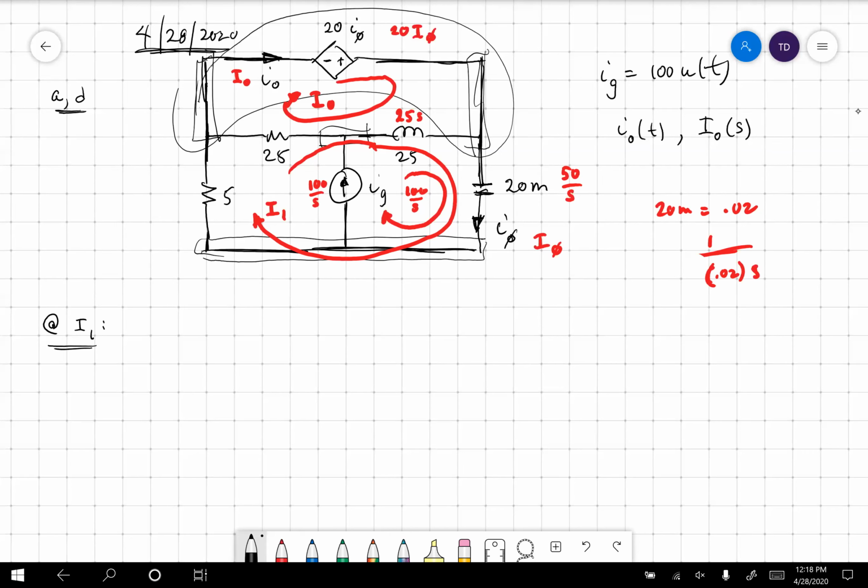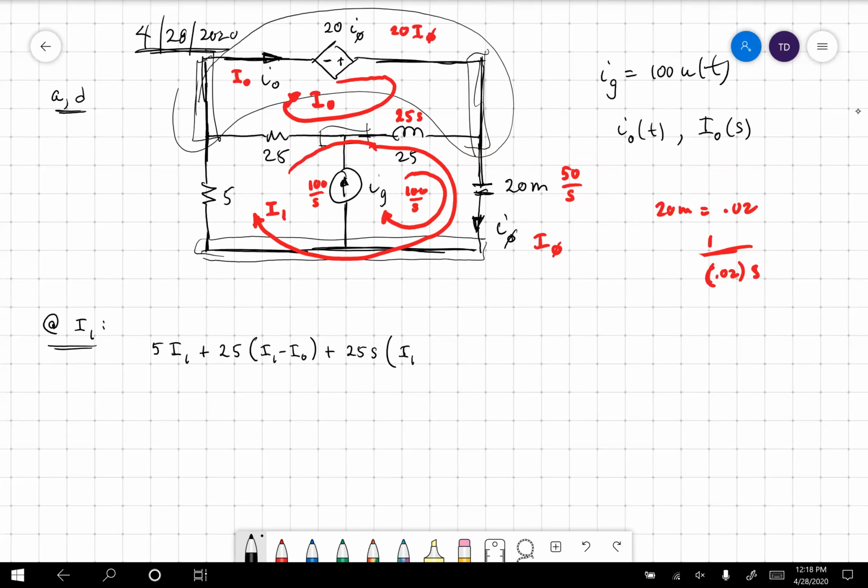So at I1 starts over here. I have 5I1, it's the only current through there, plus 25S. Now it's going to be I1 minus I0, plus 25S, and that's going to be a lot of them here now. Ready?